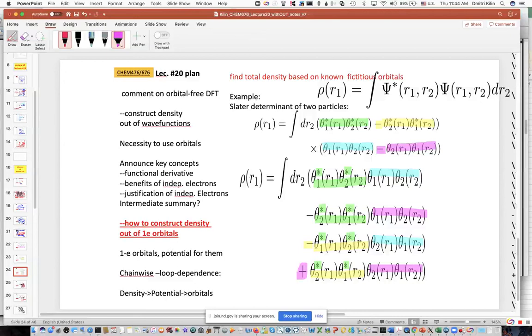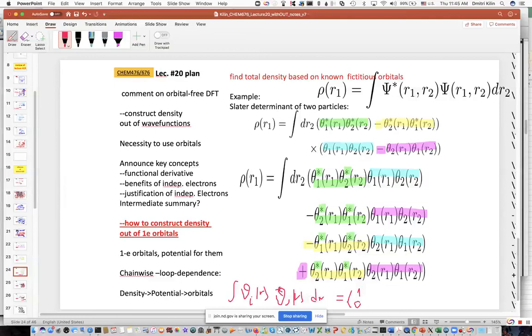If we integrate theta i of R times theta j of R dR, then it will be 1 if i equals j and 0 if i is not equal to j. Makes sense?